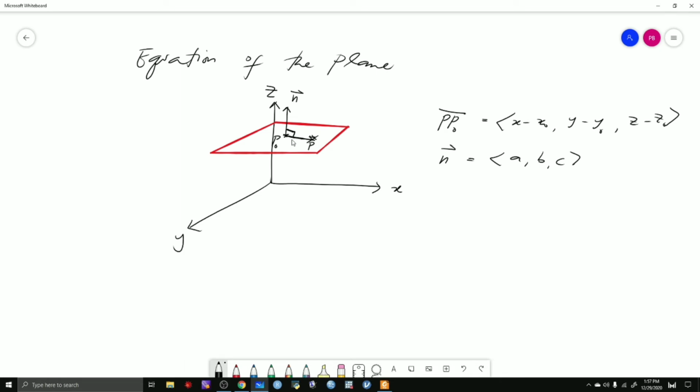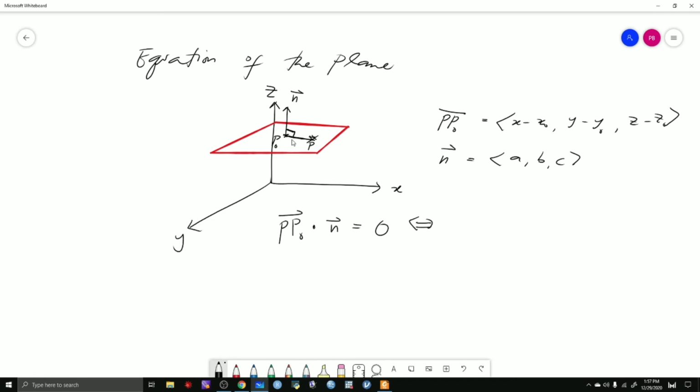That means if we take the dot product of these two vectors, the result would be 0.